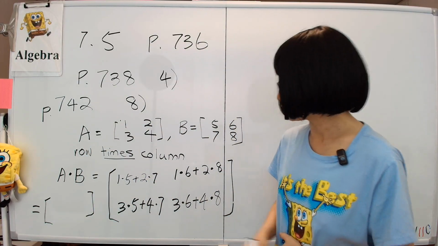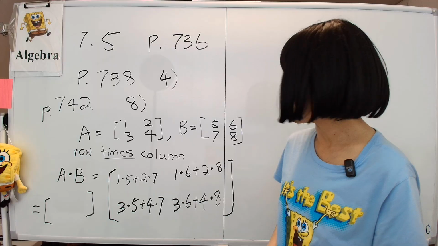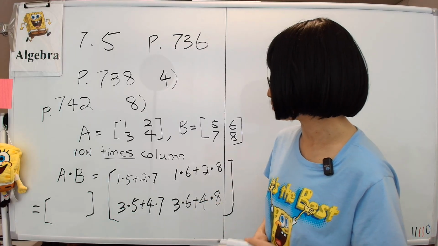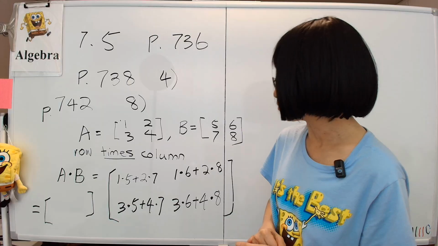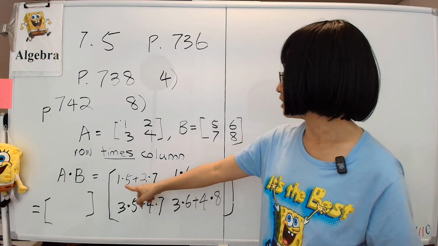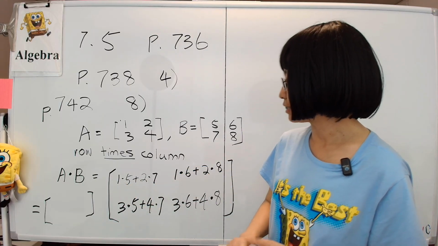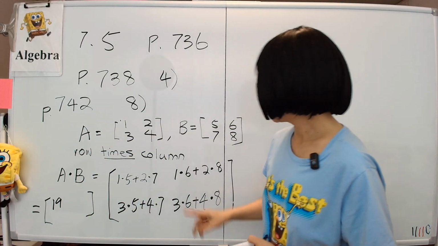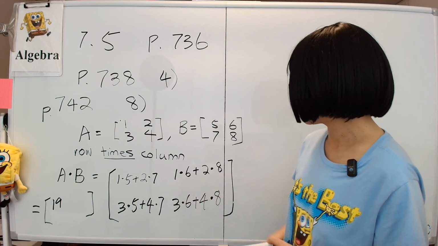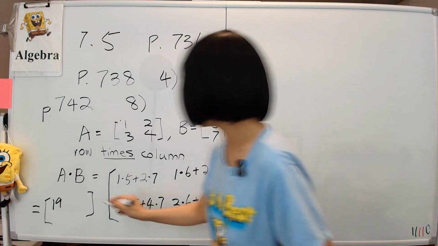Now let's do this in our head or on the calculator. The calculator is probably more accurate, but I'm going to try to do it in my head just because I don't want to bother with the calculator. That's 5 plus 14, which is 19. This one is 6 plus 16, which is 22.